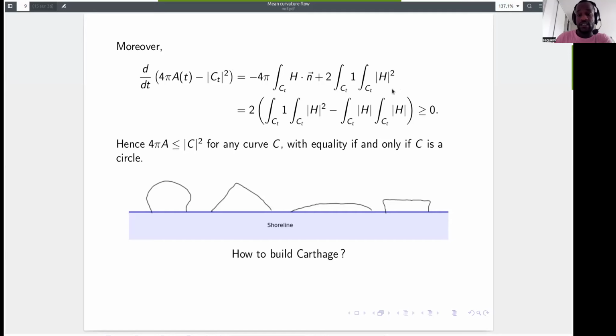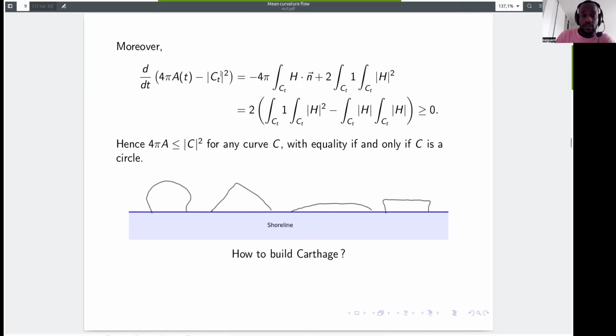When we take the derivative of the perimeter in the direction x, we get the integral of the dot product between h and x. But now our x is h, so you get h squared. And now to conclude, we just put this term here, and we replace 2 pi by the integral of h over C_t, and we use the Cauchy-Schwarz inequality to prove that this is positive.